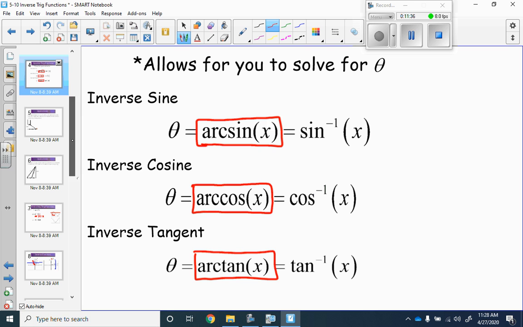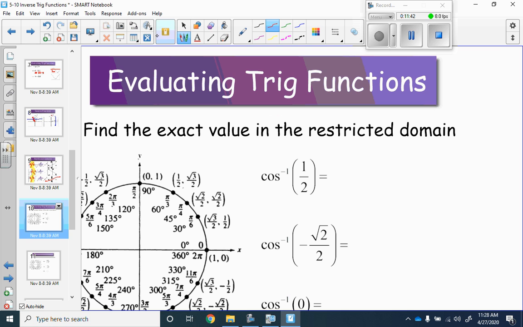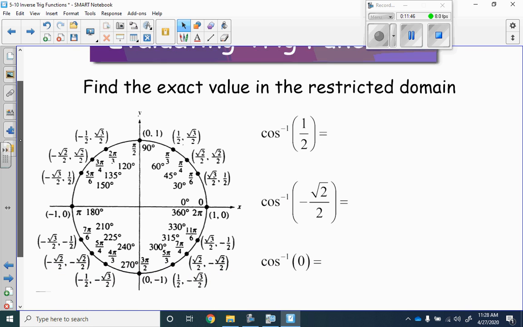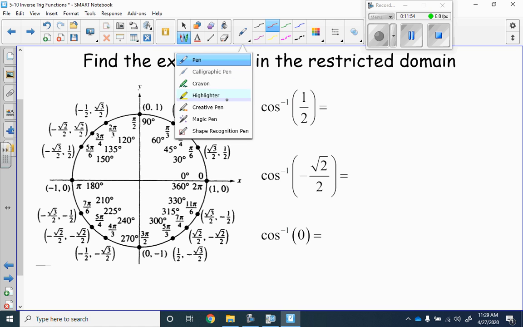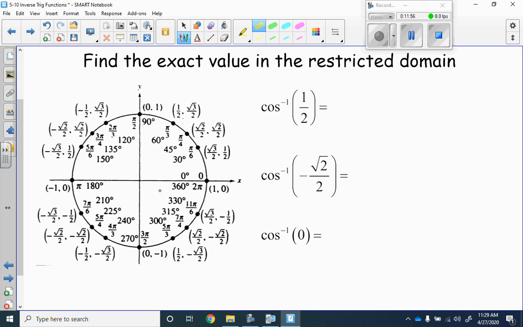So let's go ahead and do some evaluating of some values. And we're going to start out with just looking at cosine, okay? Now, cosine, its restricted domain is from 0 to pi, okay?